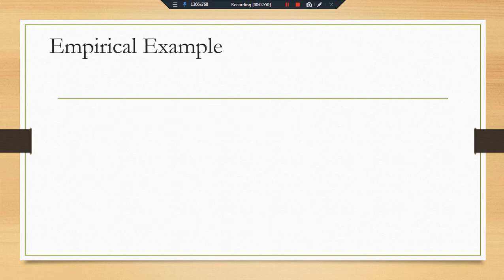Okay, let's see the empirical example. Students, keep in mind that the empirical example of group data correlation needs your careful understanding and observation, because there are a lot of calculations in the same table.